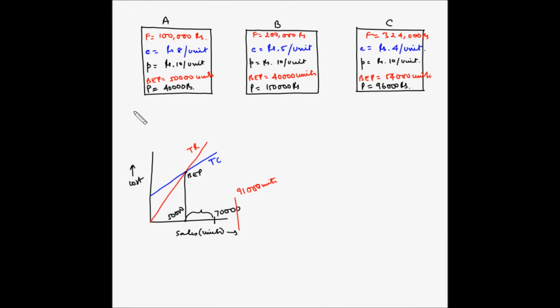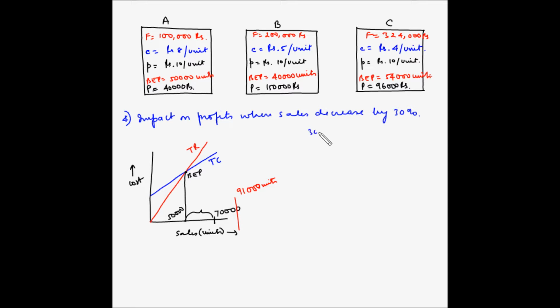So let's see that scenario. So the next scenario is impact on profits when sales decrease by 30%. So basically now we are saying that instead of the original sales of 70,000 units, the sales is decreasing by 30% of 70,000.